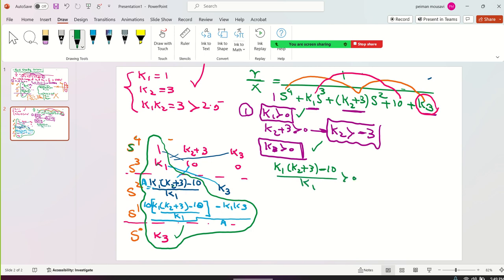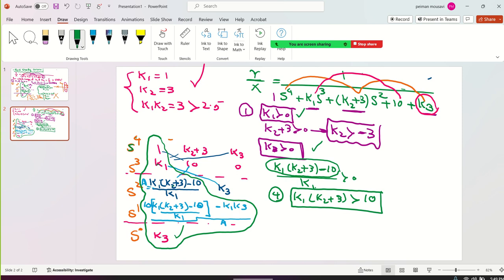We already said K1 is greater than 0, but this is greater than 0. So the fourth condition is K1 in K2 plus 3 must be greater than 10. This is the fourth condition of stability.